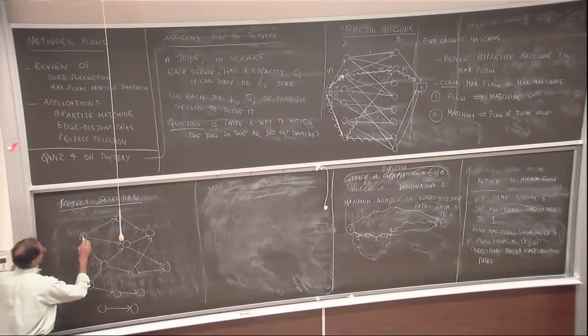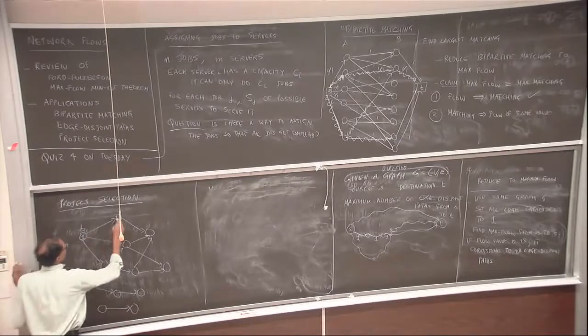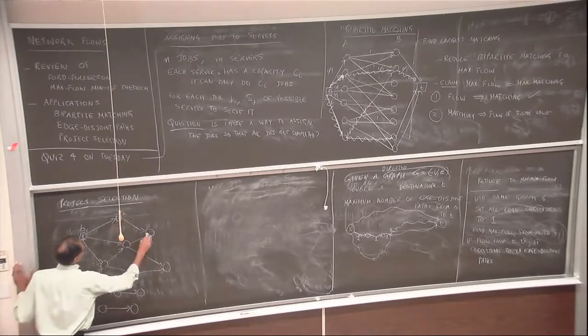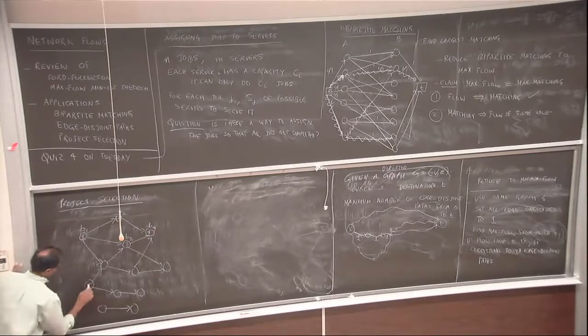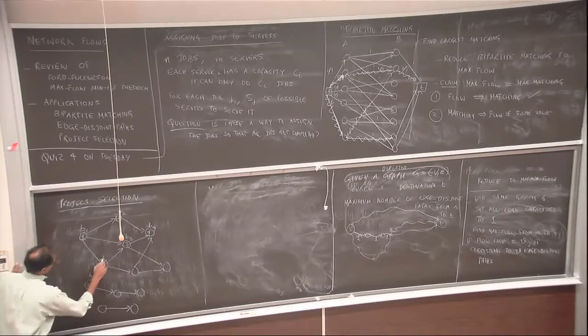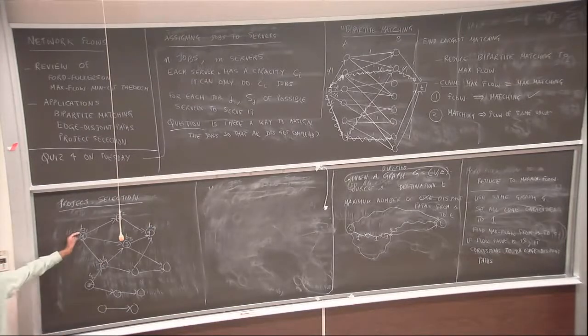So this is, let's say, vertex 1, so you come up with benefit B1, vertex 2, B2, vertex 3, B3. But this quantity could be negative. If the cost incurred is higher, then it could be negative.